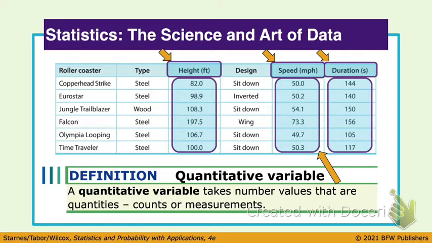These are the three different quantitative variables for this example. We have height, speed, and duration. I can measure height. I can measure speed. I can measure duration. Quantitative can either be how many there are, or it's some sort of a measurement that I take.